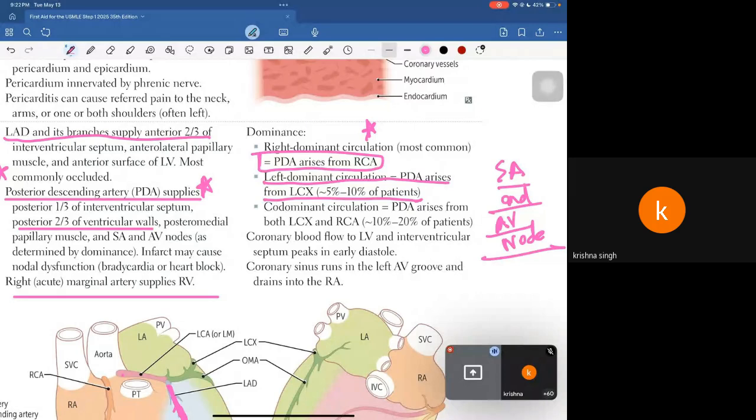Now another important thing: when does the heart get its blood? The heart gets blood from the coronary arteries, which are the right and left coronary and their branches, right? The heart gets its blood when it is resting, in diastole, right? So in early diastole, when the heart is resting, the heart gets its blood. Now, if a person is exercising very fast and the heart is beating very fast, will the diastole be reduced or the systole?